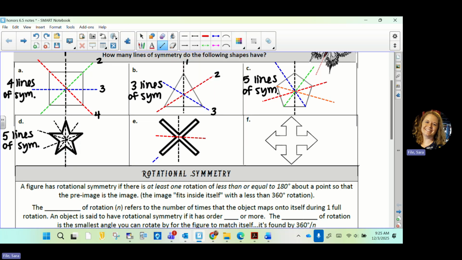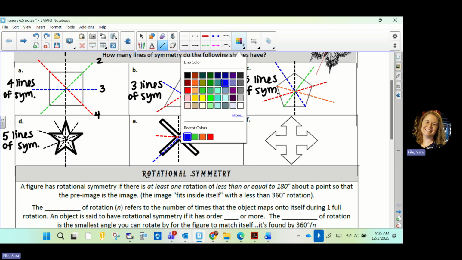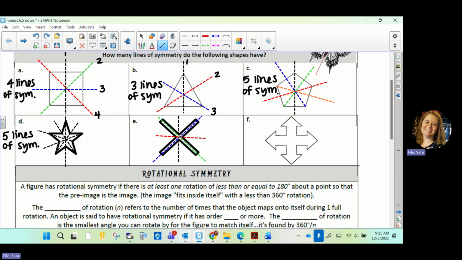Yeah, along those X legs. So this one has 4 lines of symmetry. And how many sides does this shape have? 1, 2, 3, 4, 5, 6, 7, 8, 9, 10. This is a dodecagon. This has 12 sides, but only 4 lines of symmetry.